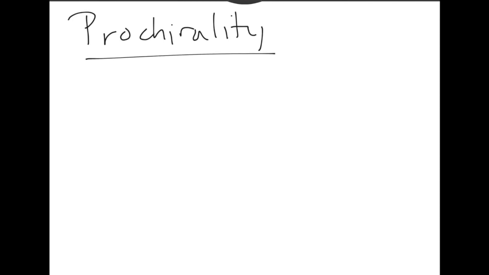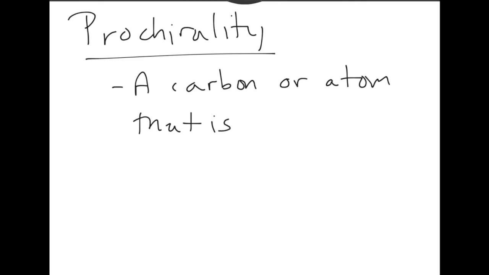So we're going to talk about a concept called prochirality. It's the next thing on the list. Prochirality, I like to say, is a carbon or group, or I guess atom, that is almost chiral, which is kind of a weird thing to think about.